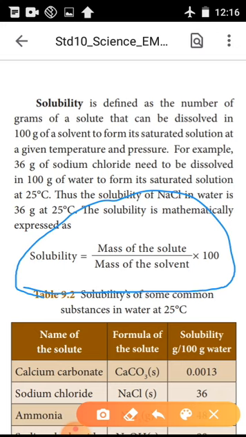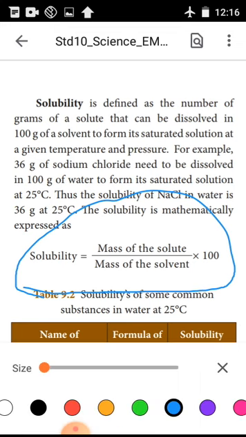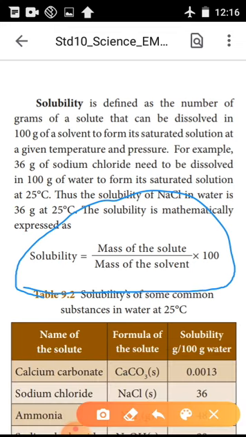Solubility is equal to mass of solute divided by mass of solvent into 100. So see the examples.